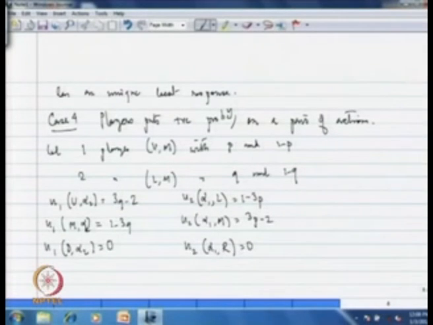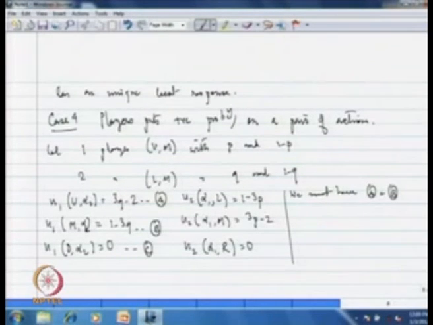Now, we must have, let us call it A, let us call it B, let us call it C. Now, we must have A is equal to B, because one is putting positive probability on both u and m, but if we equate A and B, what we shall get is q is equal to half.